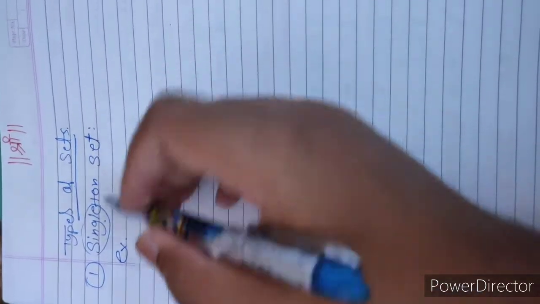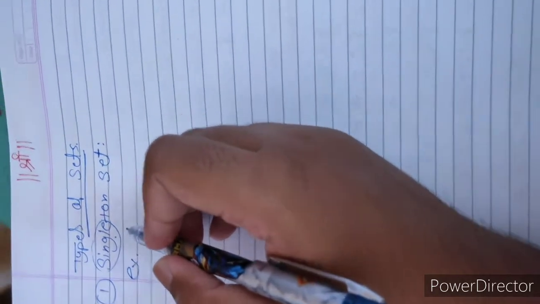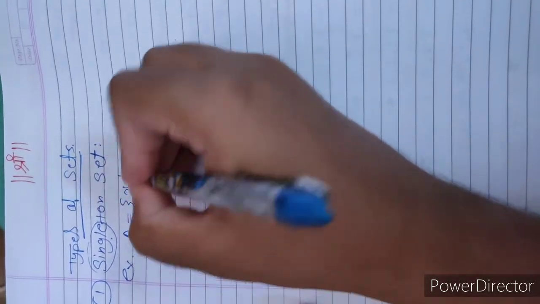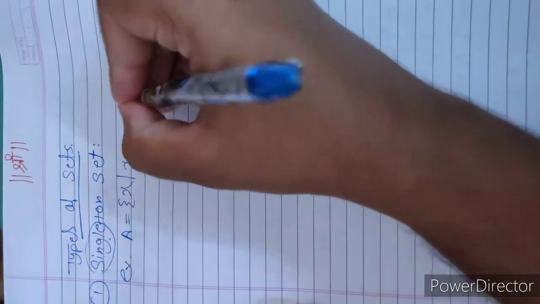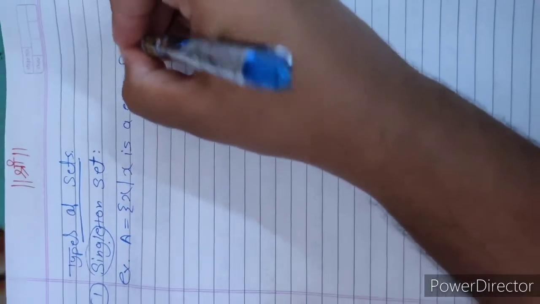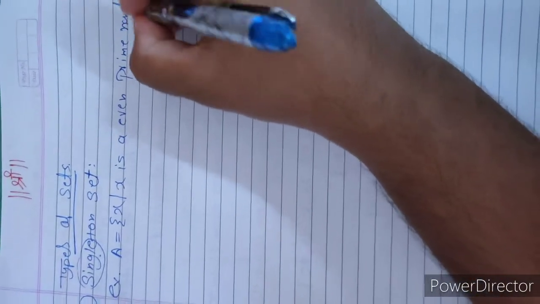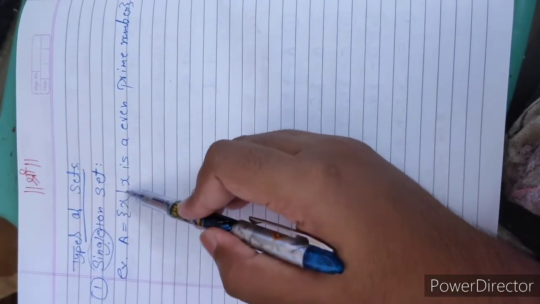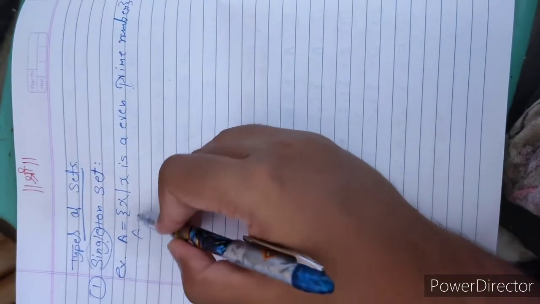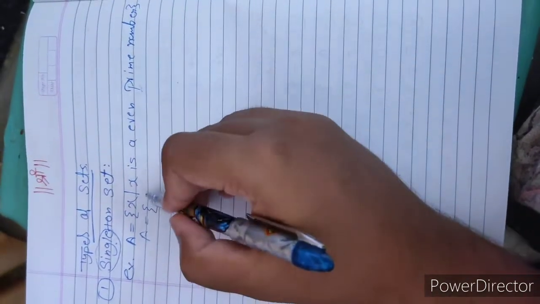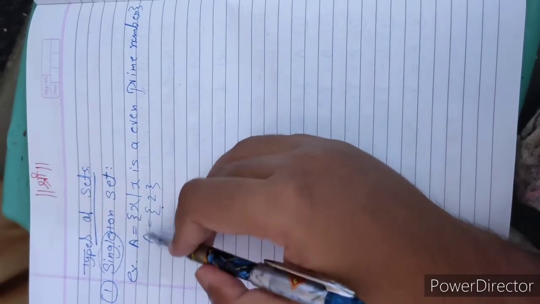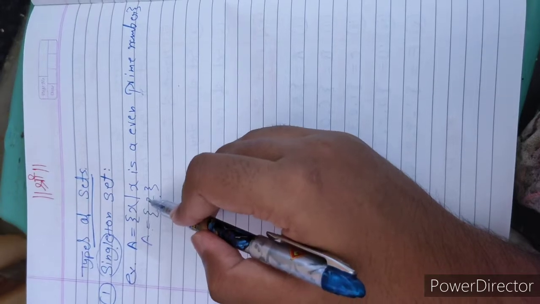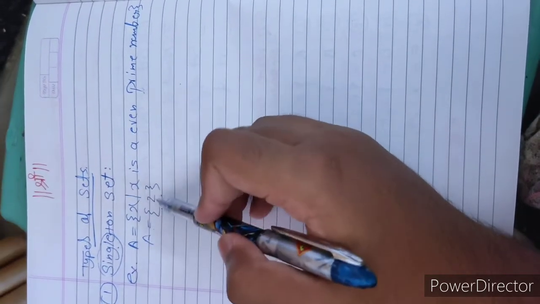For example, A is a set of X such that X is an even prime number. We know that there is only one even prime number, which is 2. Here in roster form the element is only 2. That's why it is known as a singleton set, because there is only one element.